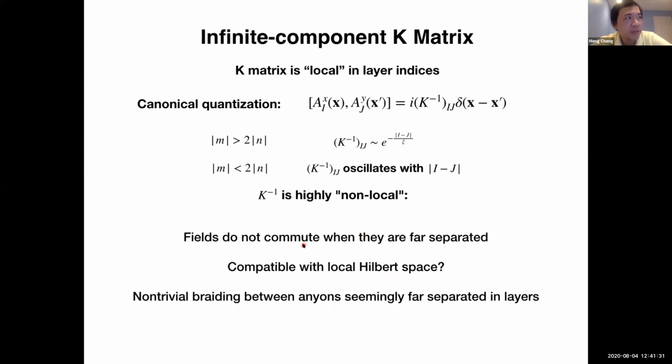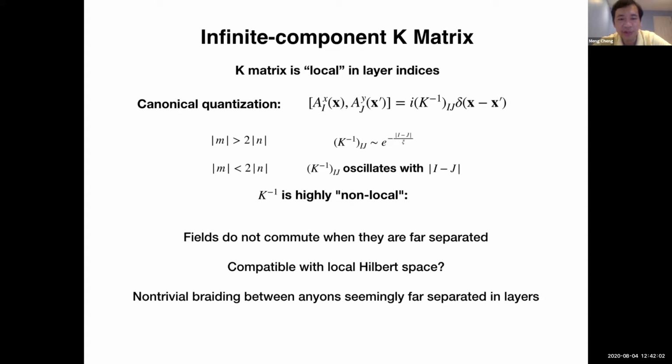Okay. So it seems like these fields do not commute even when they are very far separated. So even if we think these fields come from layers that are separated very far, they still don't commute. So you might wonder whether this is actually compatible with a local Hilbert space, because naively it requires fields to have commutations even when they are very far apart.